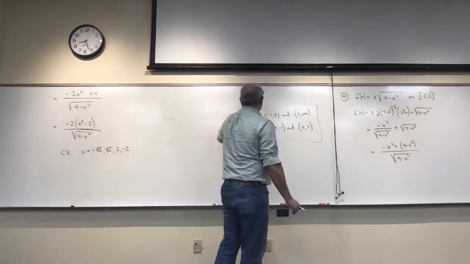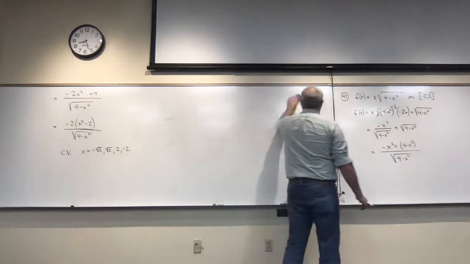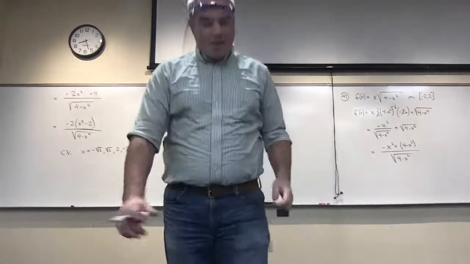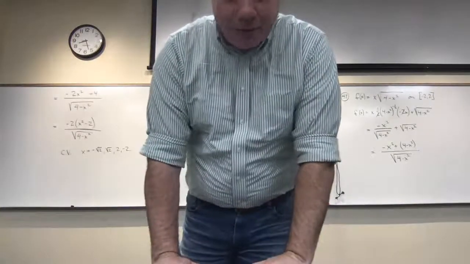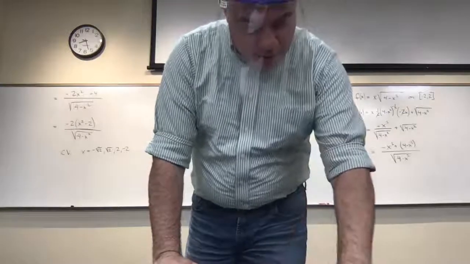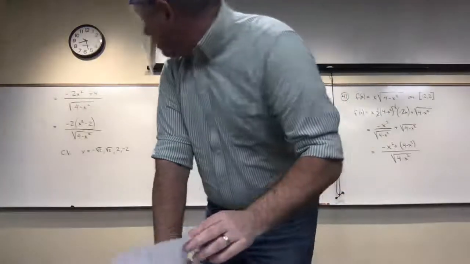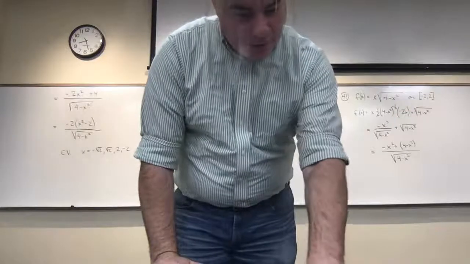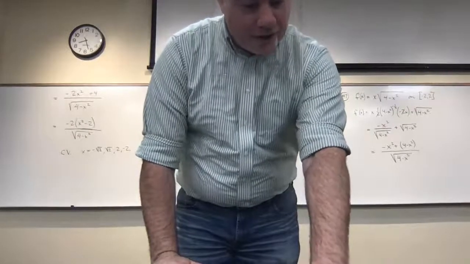Oh, I guess I should read the problem because that may not be what we're doing. So I found the critical values. So the second piece of this problem was, let's see, which one was this? 47. Okay. So 47, we want to find the critical values. We did that.